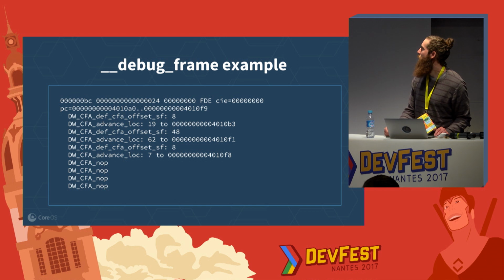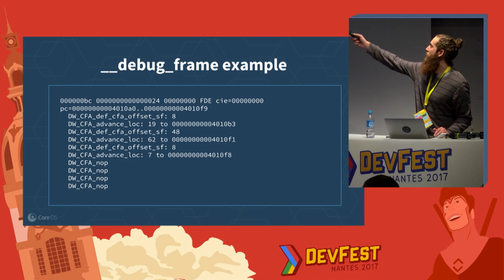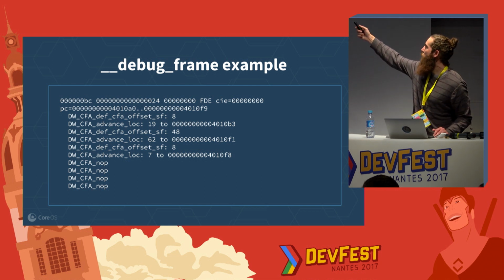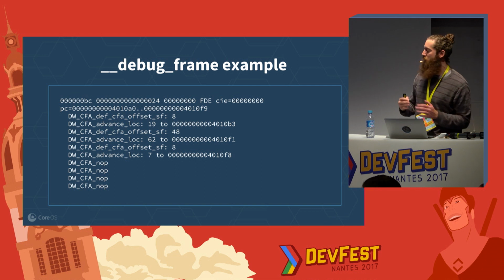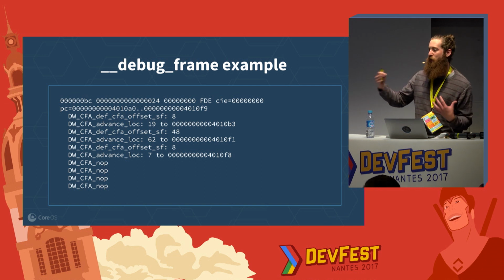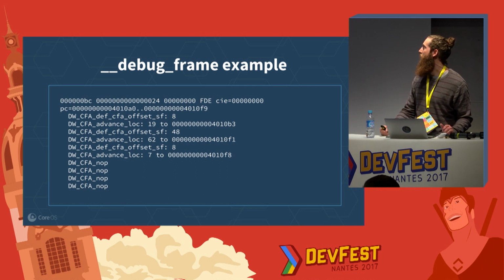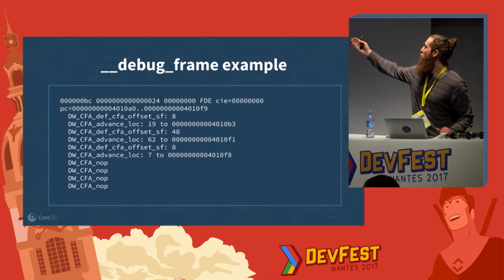And here's an example of an actual debug frame section. You can see initially when we enter into the function, the canonical frame address offset rather is 8. So that's 8 bytes. The stack frame hasn't really been set up yet, so there's really nothing there. As we jump in, we see it grows to 48 bytes.